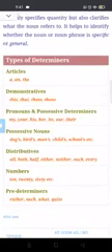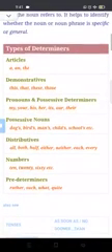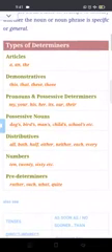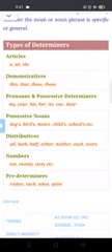Next is the pronoun and possessive determiner. If I say this is my house, house is a noun and my is a possessive determiner. This is your best friend.